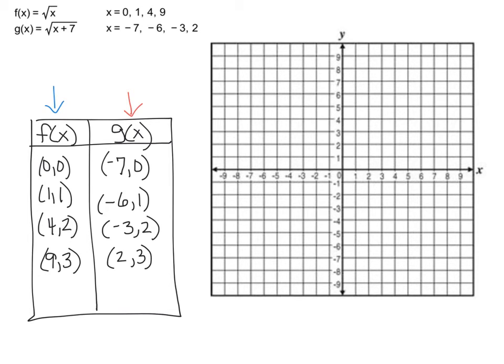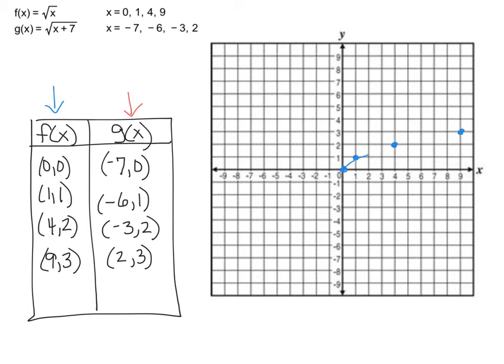First, I'm going to plot the ordered pairs for f of x. So my first ordered pair is 0, 0, that's right here, and my second ordered pair is 1, 1. So I go to the right 1 and up 1. Then 4, 2, I go to the right 4, up 2. And 9, 3, I go to the right 9 and up 3.